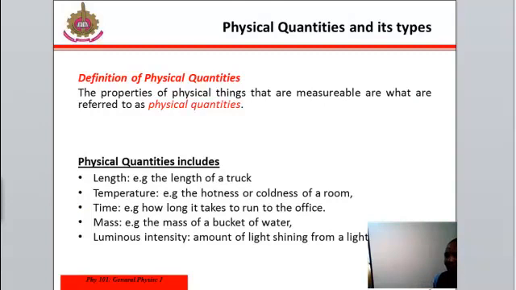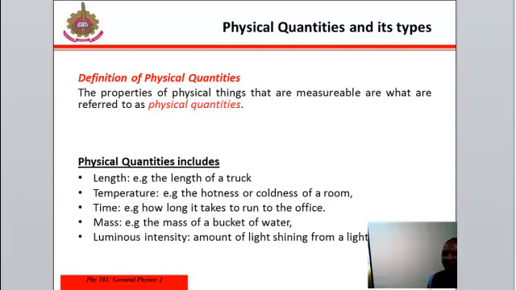Definition of physical quantities. The properties of physical things that are measurable are what are referred to as physical quantities. They are properties that can be measured, numbered, and represented in units.